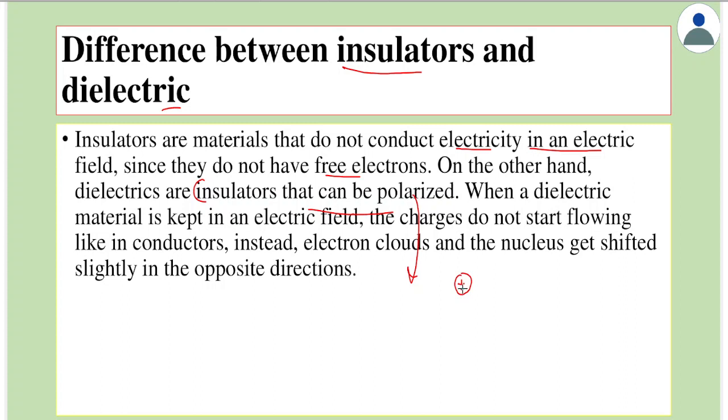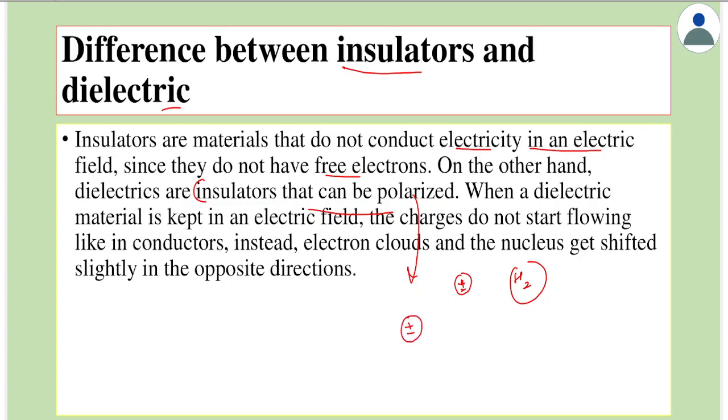These are called nonpolar molecules. For example, think of an H2 molecule, where each atom is neutral. So in this case, the center of positive and negative charge of each atom will coincide.